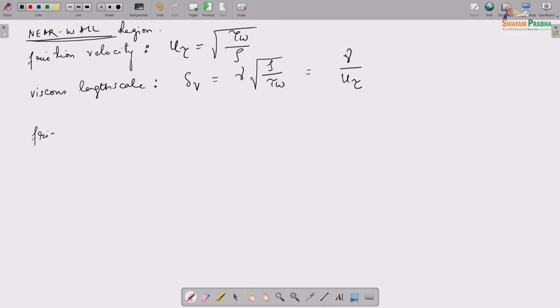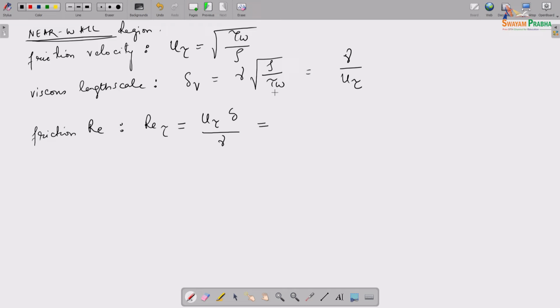Then we define something called a friction Reynolds number. So, Re tau is equal to U tau times the viscous length scale, so this I can write as U tau.